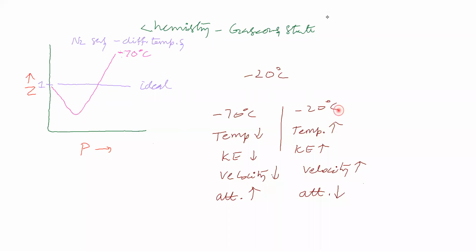Now at minus 20 degrees Celsius, what is the magnitude of attractive force when compared to minus 70? So how will the dip of the curve be at minus 20 degrees Celsius? What is our expectation? We will see our expectation, then we will see the experimental result. How do you feel about the dip of the curve for minus 20 degrees Celsius and minus 70 degrees Celsius?